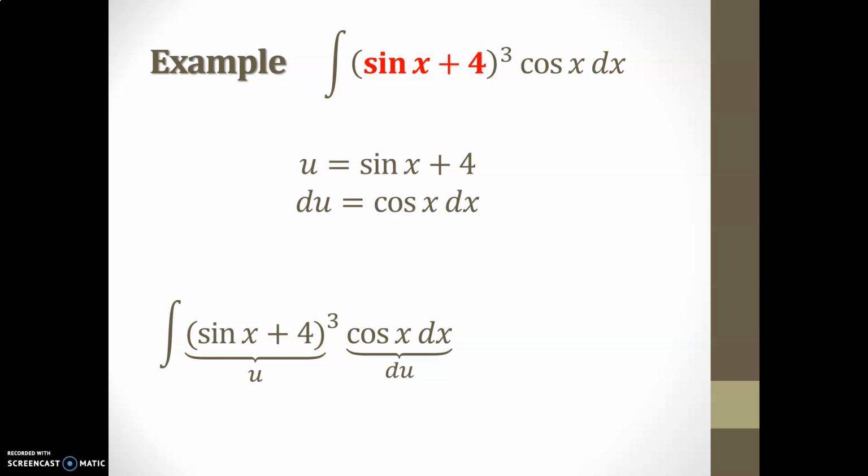Du will take the place of the entire cos of x dx combination. And just remember that the power 3 acts on sine x plus 4, so it acts on u cubed du. This is a basic form now. It's just a power rule. And you see in practice how the substitution makes your integration easier.